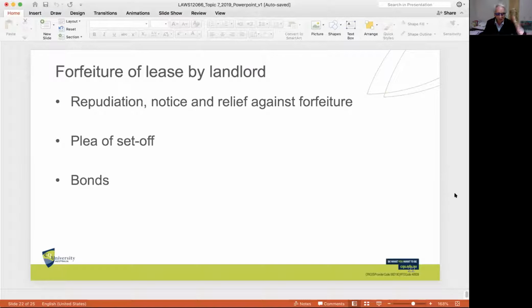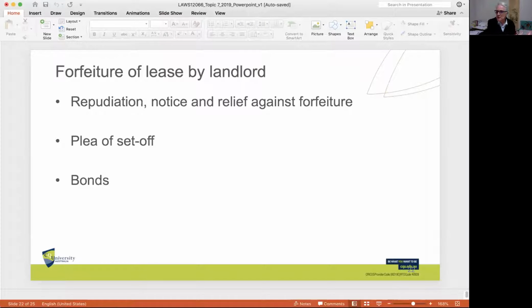So as I'm just pointing out there, we've got this idea of repudiation and relief against forfeiture, which is a relief that a court of equity was able to recognise as being too harsh. What was the basis upon this? And then we got into this debate around breach of essential and non-essential terms.